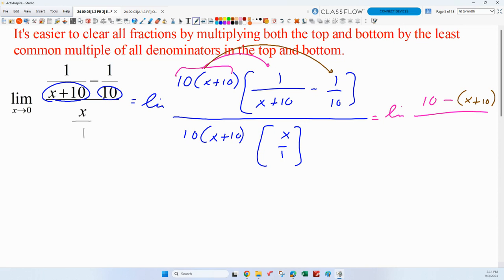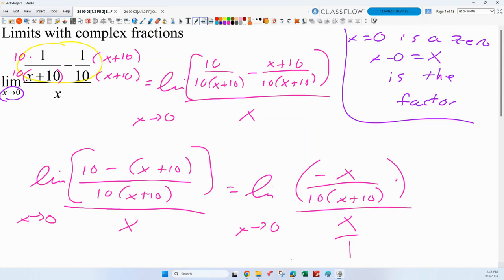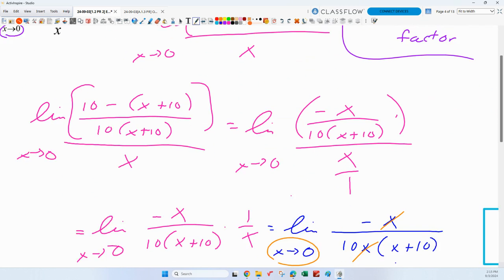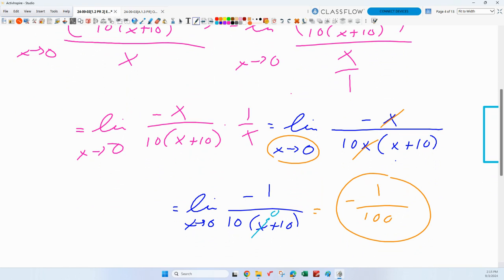When I cleared those fractions, in the denominator, I'm just getting 10x times x plus 10 as x approaches 0. Does that look familiar? That's where we were in the previous process, clear down there. But wow, that was way more efficient, just clear fractions, wasn't it?